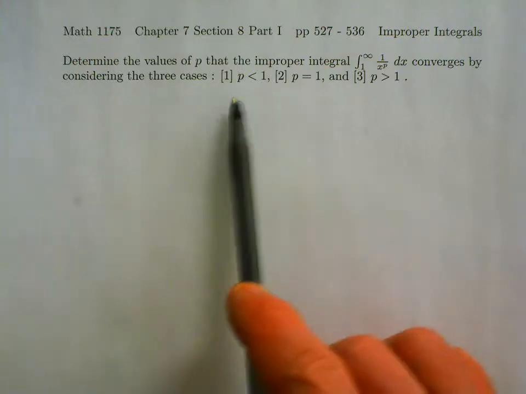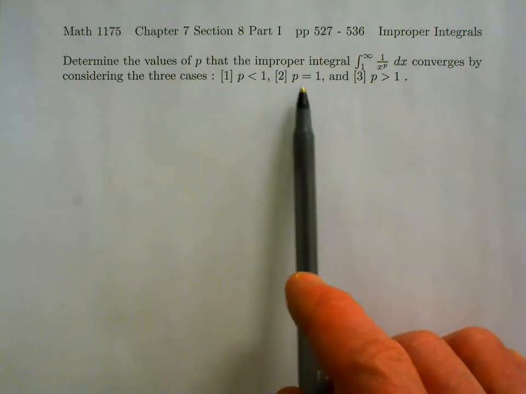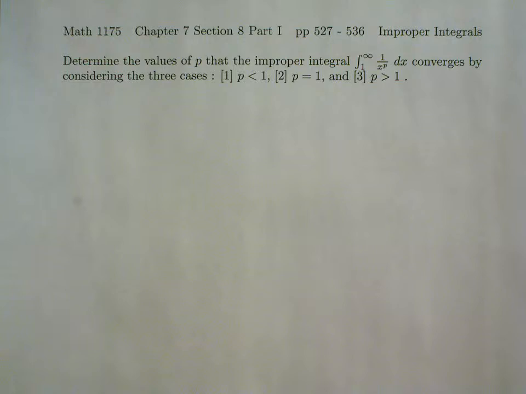Well, we've seen examples of all 3 cases. We did the one with p equals 1, right? The improper integral of 1 over x, that's 1 over x to the first. What happened with that one? Yeah, that one diverges. So when p equals 1, it diverges.